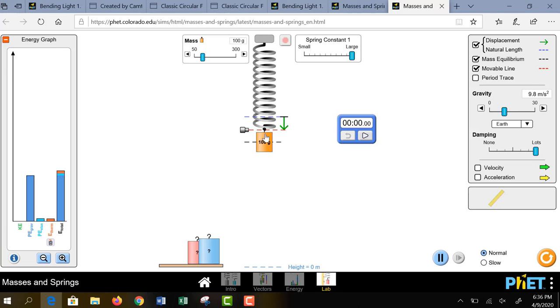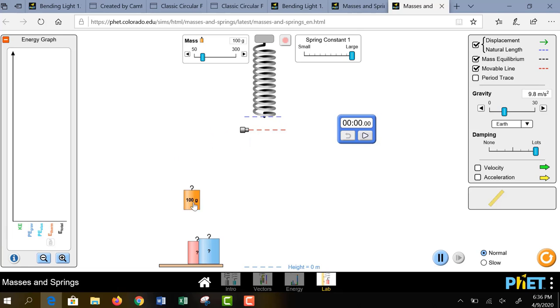So right now I know the spring force is up, mg is down. I can calculate the spring constant if I wanted to that way, right? Mg down, kx up. I could calculate the spring constant if I wanted to. Okay, so damping, I use that to get the thing to stop, because if there's no damping it'll keep moving.